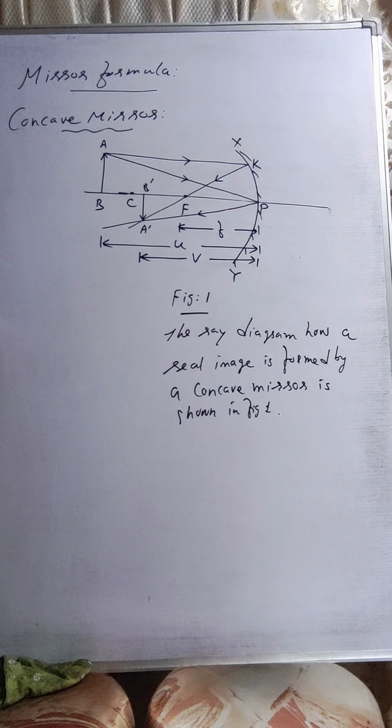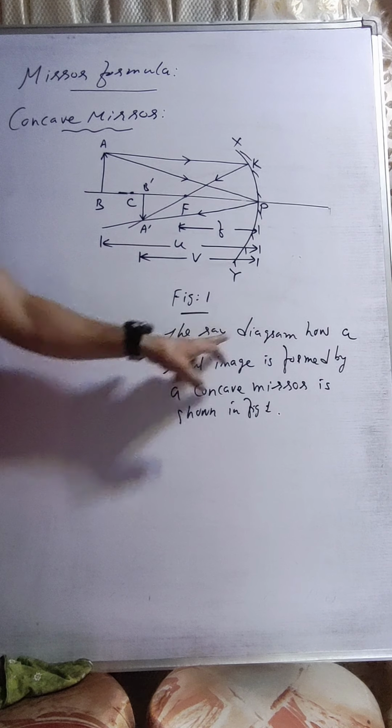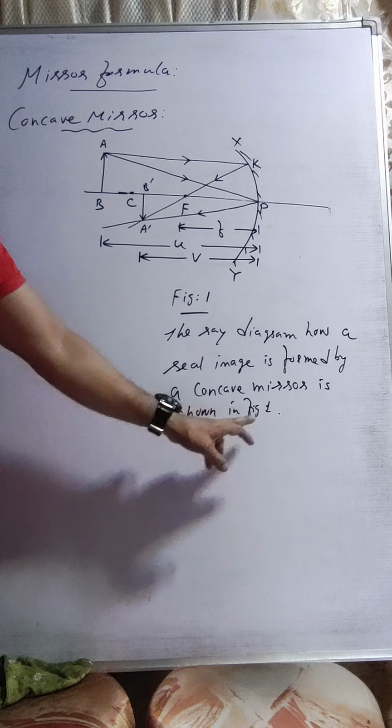In support of this figure, just write a line: a ray diagram of how a real image is formed by a concave mirror is shown in figure 1.